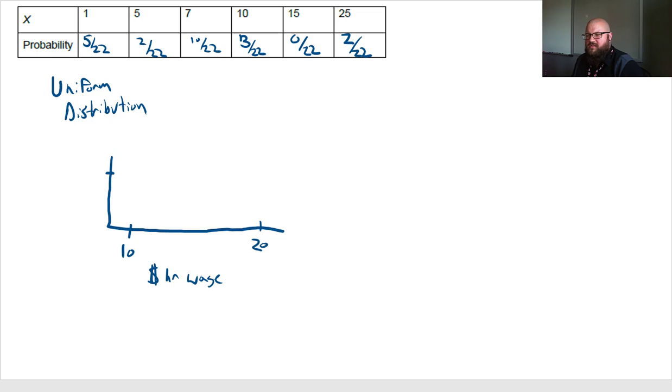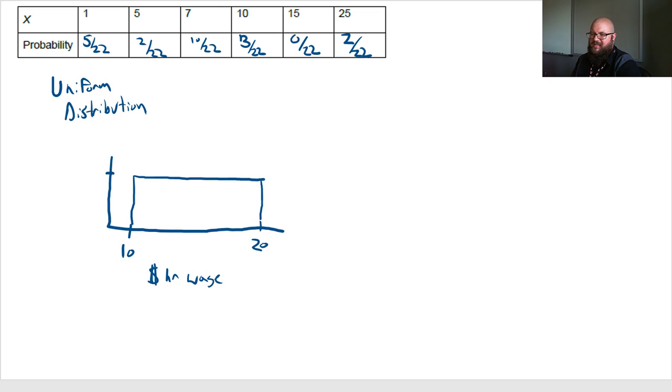If it's all equally likely, then instead of having a normal curve, a bell curve, I should have a straight line that goes all the way across, because I have the same probability. We're not drawing a normal bell curve here, because I have the same probability.